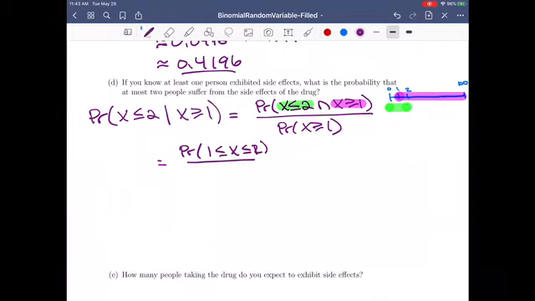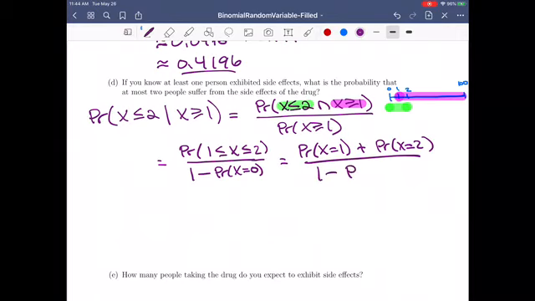And if I'm greater than or equal to 1, I have so many cases, so I'm going to do the complement, which is going to be less than 1, which is just 0. Now you can split up the top even more to be the probability x equals 1 plus the probability x equals 2 over 1 minus the probability x is equal to 0.